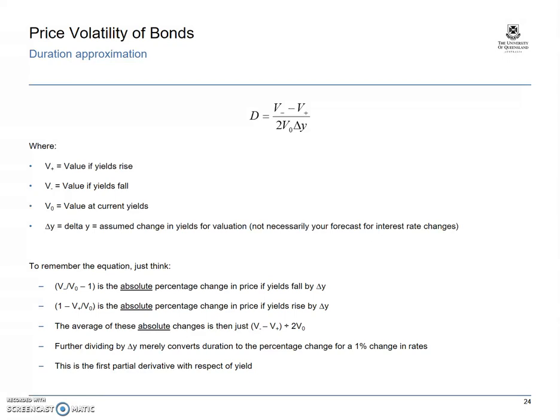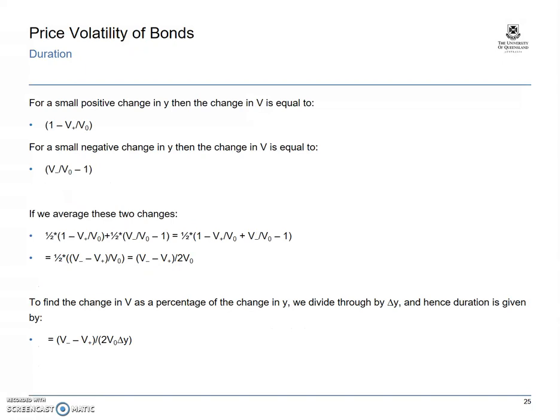equivalent to the first partial derivative of the value of the bond with respect to the yield. So for a small positive change in Y, the change in V, as we said, is equal to 1 minus V positive divided by V0.